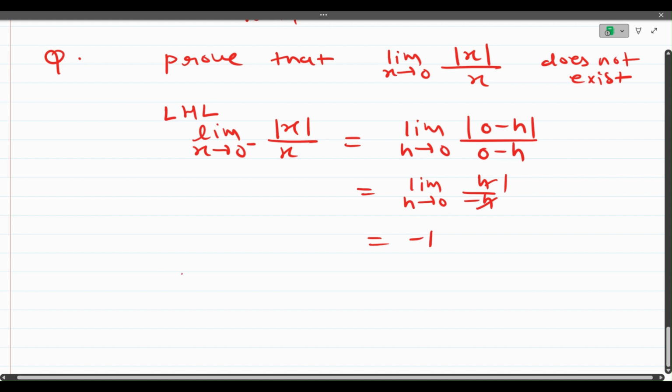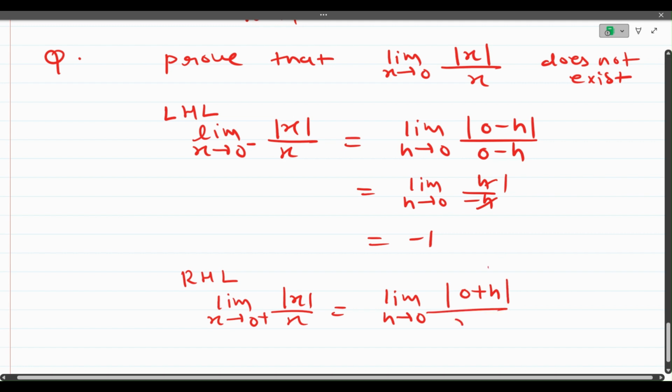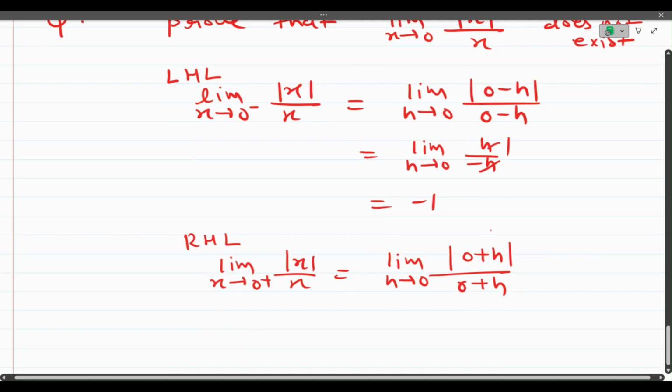Let's evaluate its right hand limit. x tends to 0 from the right side. And here we're going to substitute x with h, where h tends to 0. And it's going to be 0 plus h over 0 plus h. h and h will be cancelled out.